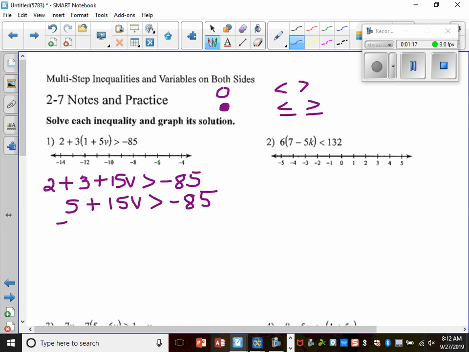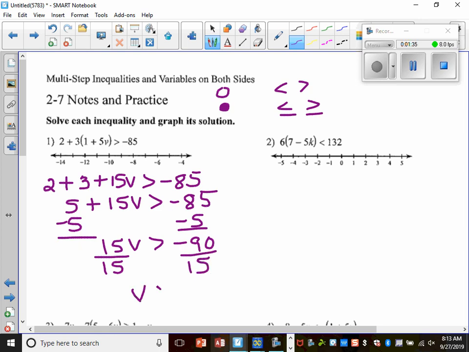And then we'll subtract. So when we divide what is 15 into negative 90, what does that give us? How much? Negative 6.